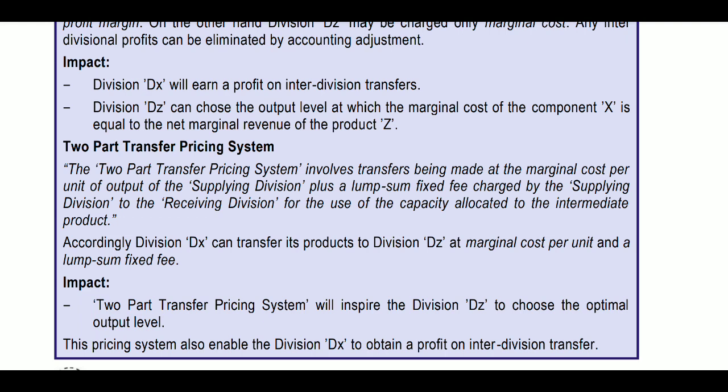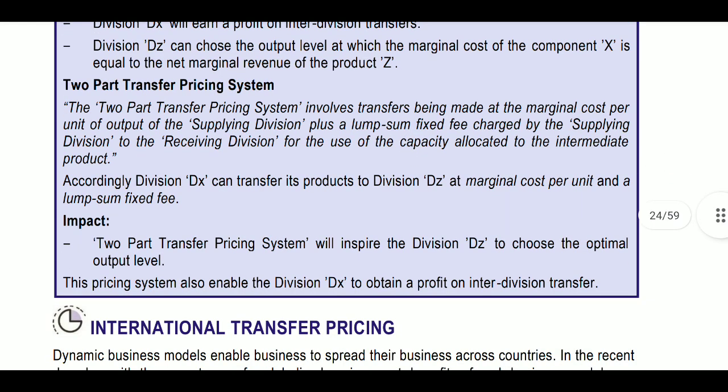Accordingly, division DX can transfer its products to division DZ at marginal cost per unit and a lump sum fixed fee. The impact is that the two parts transfer pricing system will inspire division DZ to choose the optimal output level. This pricing system also enables division DX to obtain profit on interdivisional transfer.